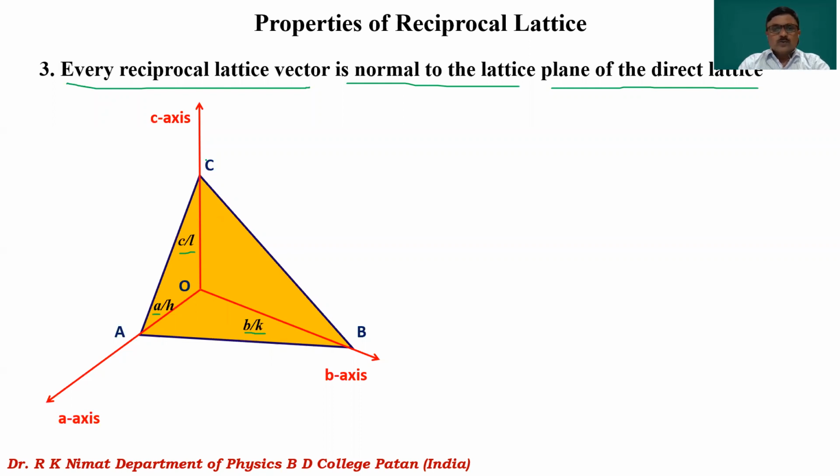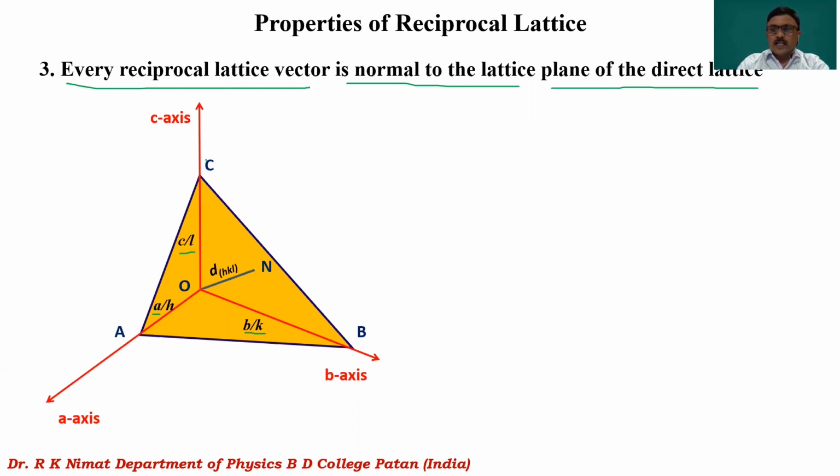Now we have to draw the normal, and we can draw the normal ON on this crystal plane, which can be shown like this. Suppose ON is the normal, so that d_hkl is the perpendicular distance between the crystal planes.